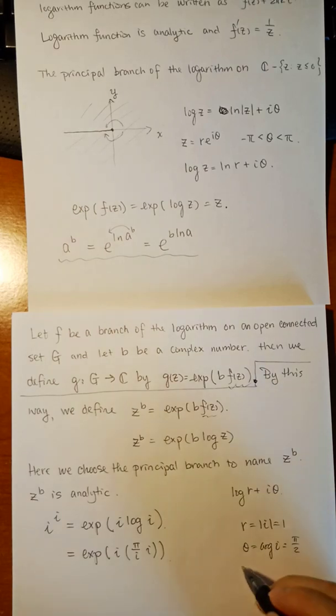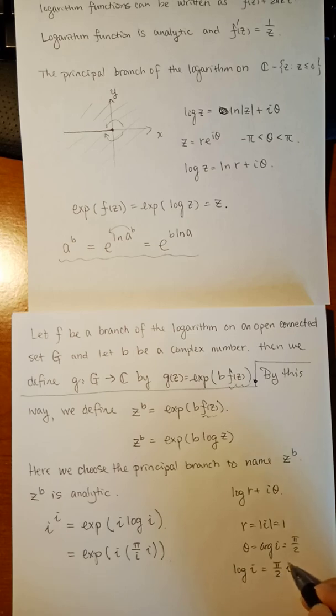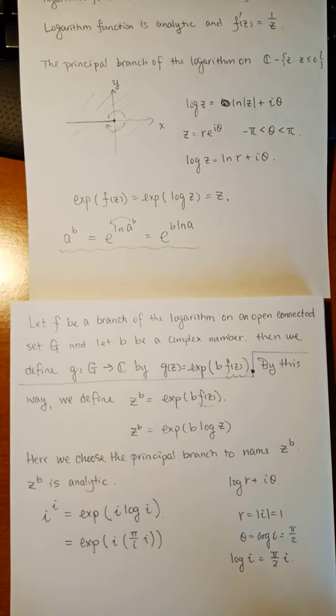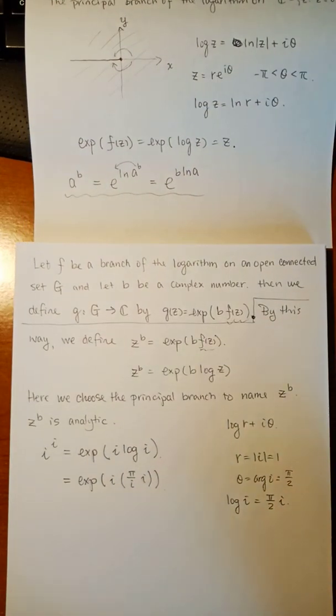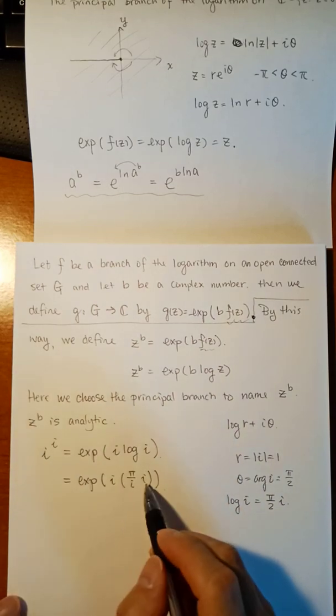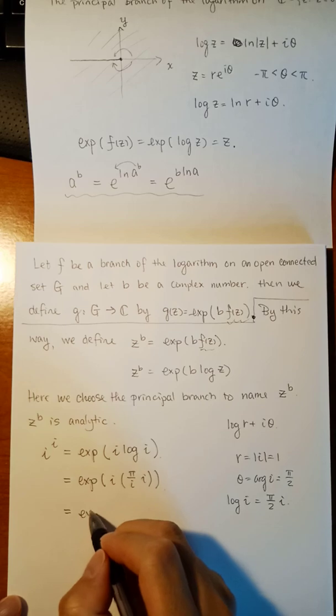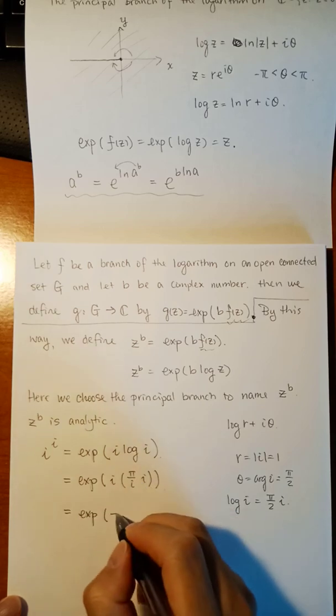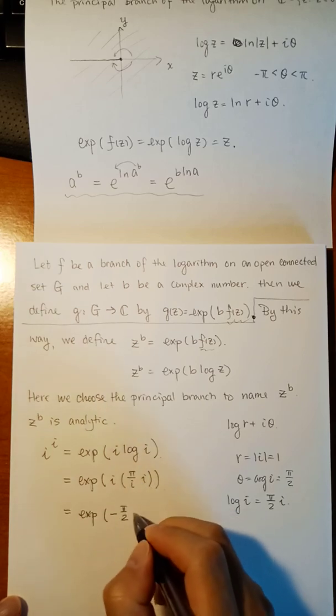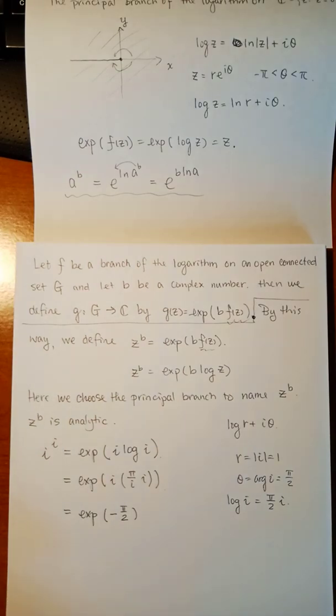Log i is pi over 2 times i. You only have the imaginary part. There's no real part. All right? And then i times i is negative 1. So it's exponential of negative pi over 2. And this is just it.